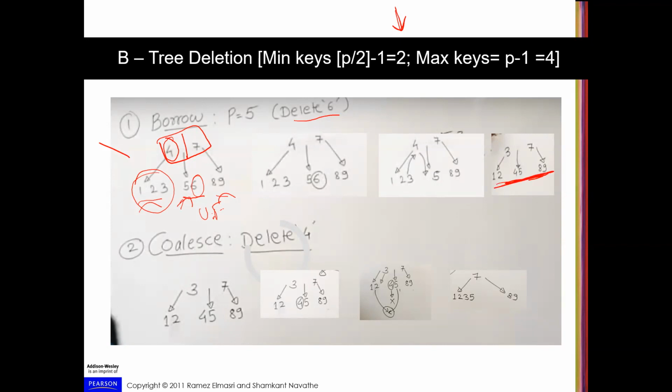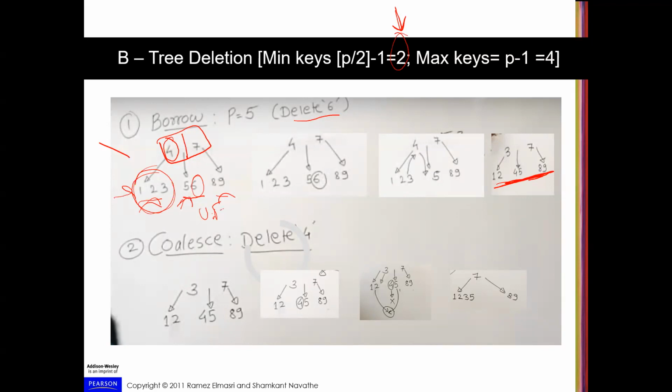In the right sibling, we have 3 values, which is more than the minimum required. So this neighbor can give us 1 value. It can give us 1 or 2 or 3, but we have to decide which value out of these 3 to move to this place.